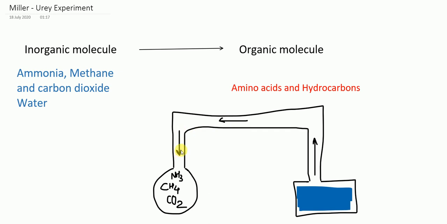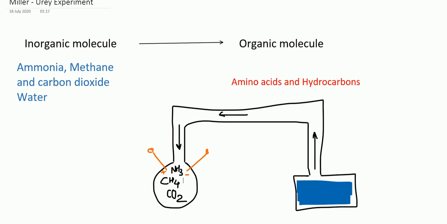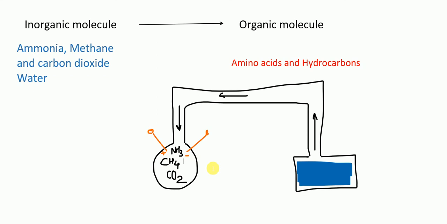In the gas chamber, we have electrodes. The electrodes have a positive end and a negative end, and the role of the electrode is to provide energy so that the inorganic gases get converted into organic gases.